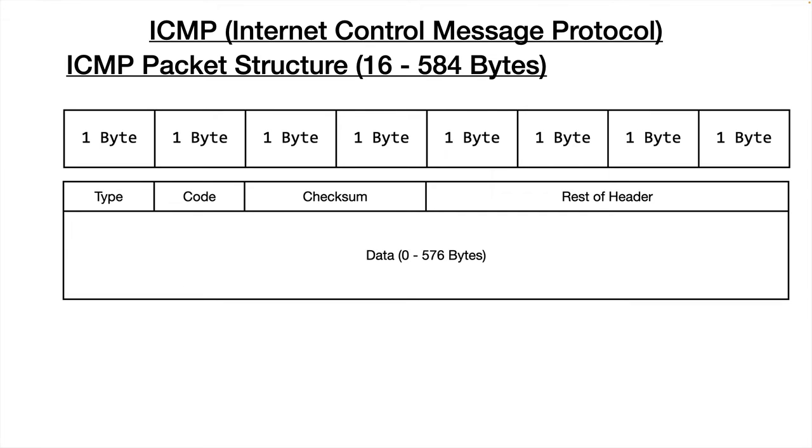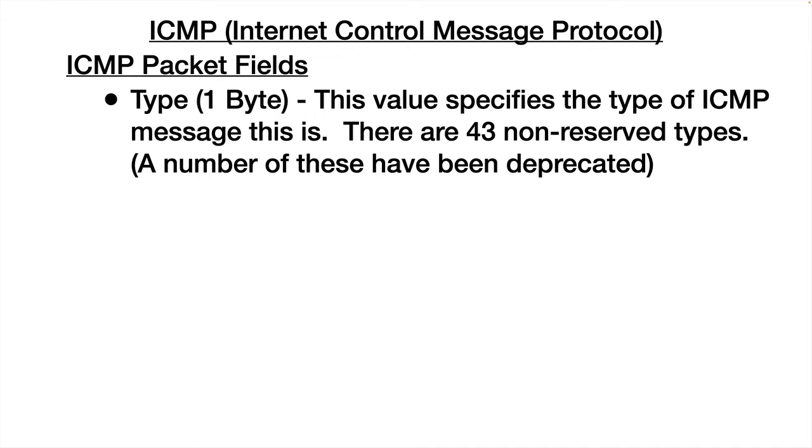This is what an ICMP packet looks like. It'll be anywhere from 16 bytes in length to 584. So this has the breakdown of what the fields are and how large they are. In a little more detail, we have a type field that specifies what type of ICMP message this is. For example, I kept saying echo request or ICMP request, same thing.